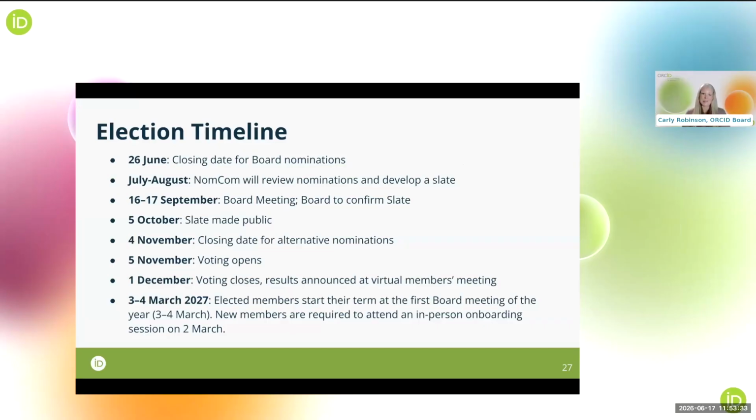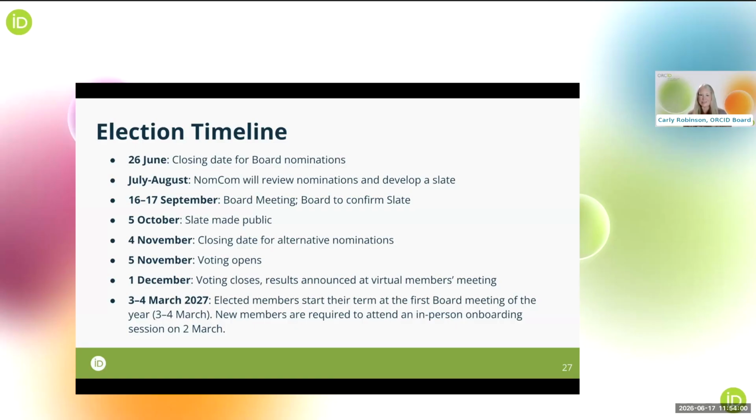Happy to. So nominations, for nominating yourself or for others, are open until June 26th. And that's when we will close those. The nominating committee will take a couple of months to review those nominations, look at the criteria, and put together a slate that will then be considered by the board at the September board meeting.